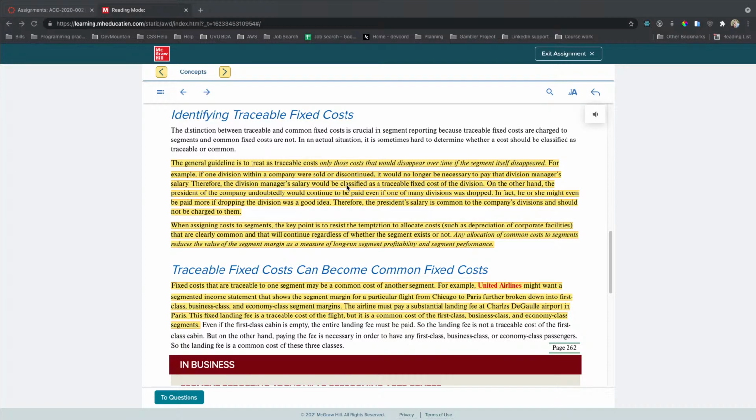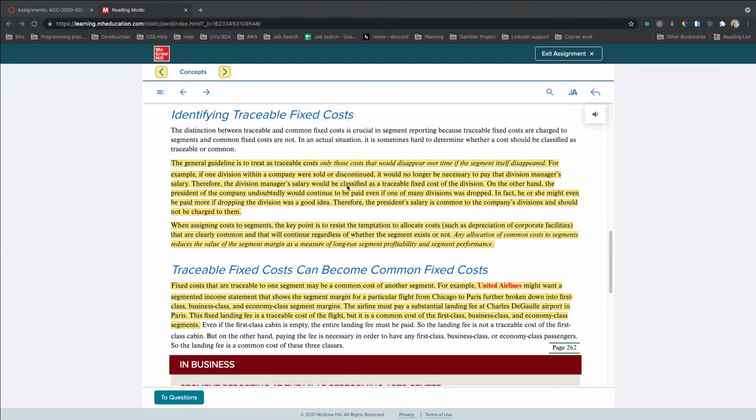For example, if one division within a company were sold or discontinued, it would no longer be necessary to pay the manager's salary. Yeah, that's interesting. Therefore, the division manager's salary would be classified as a traceable fixed cost of the division.